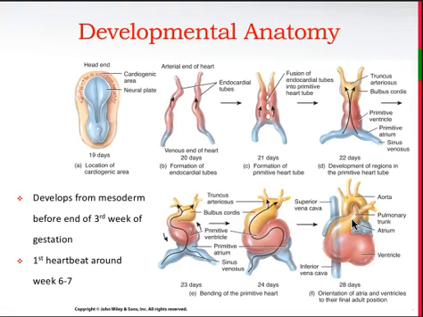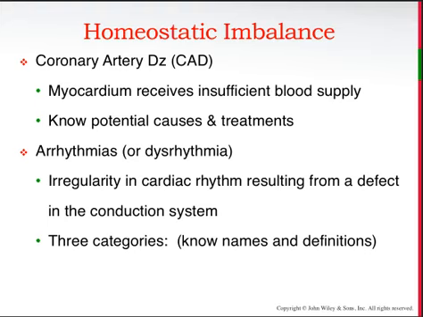So it develops from the mesoderm before the end of the 3rd week of gestation. We're going to be able to detect that first heartbeat right around 6 to 7 weeks. And I don't typically test this, but I think it's kind of fascinating to look at the developmental portion, and this will become important a little bit when we talk at the end of the semester about blood flow within that fetal heart.